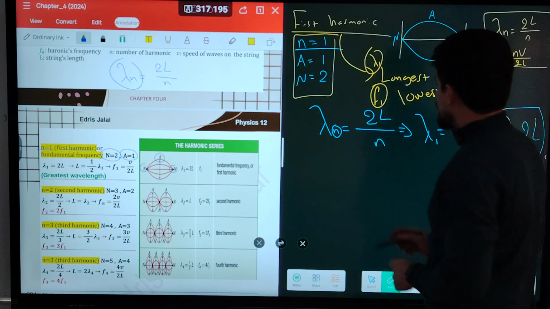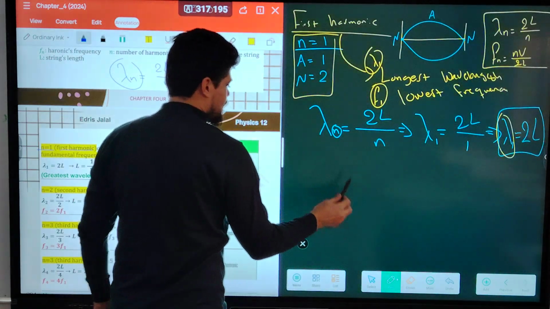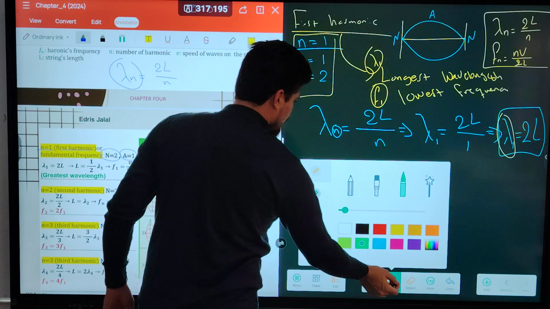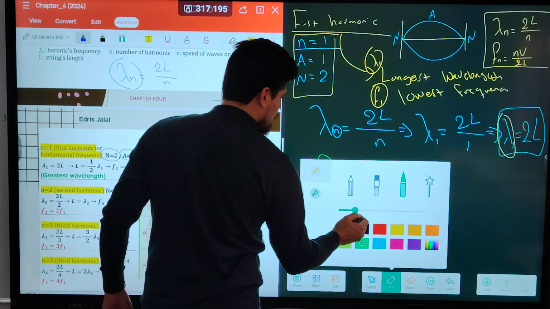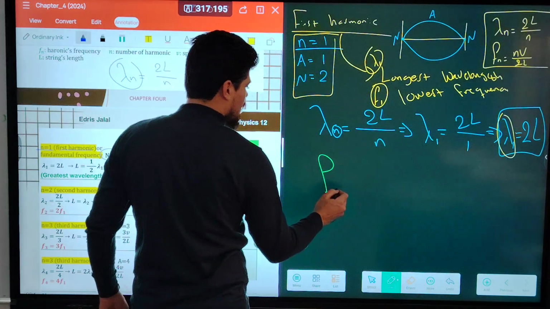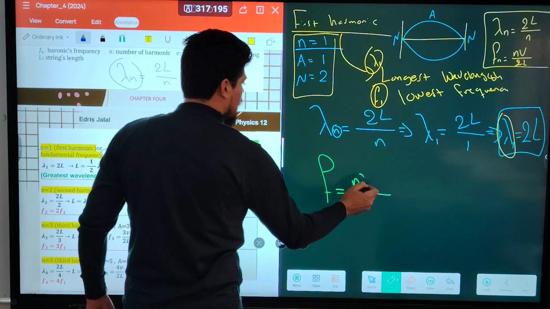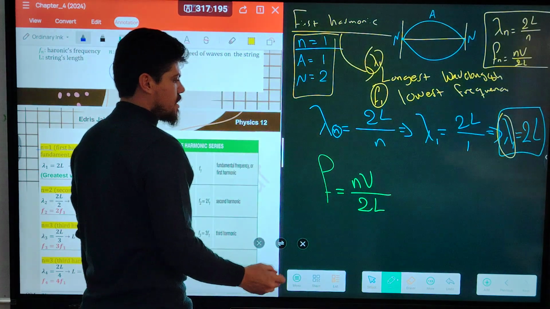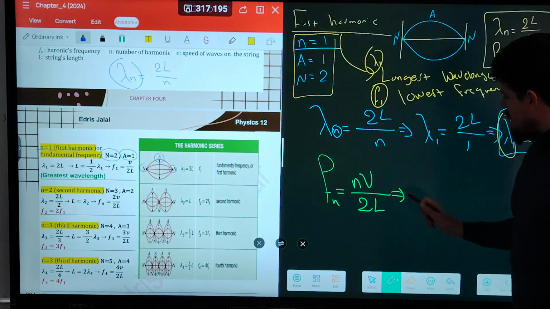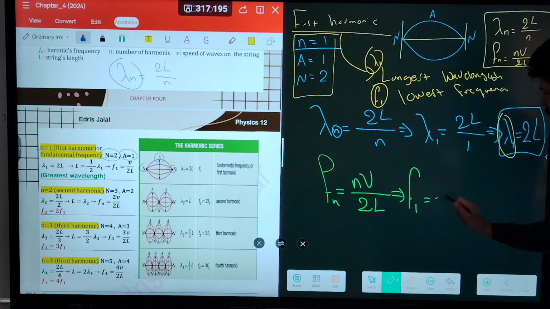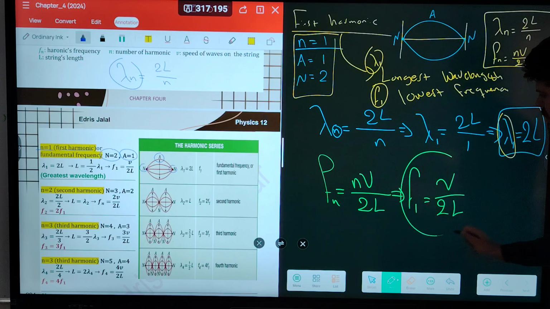F1. To find frequency, use this relation. Frequency is equal to what? NV over 2L. This is the equation. Replace. Frequency in the first harmonic, F1, is equal to 1 times V over 2L.